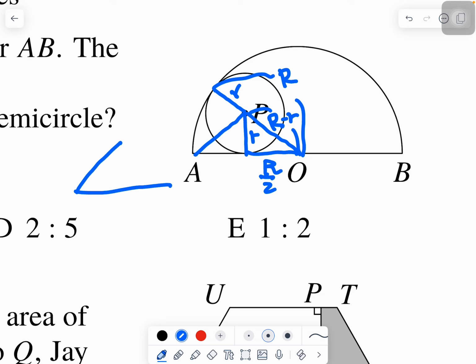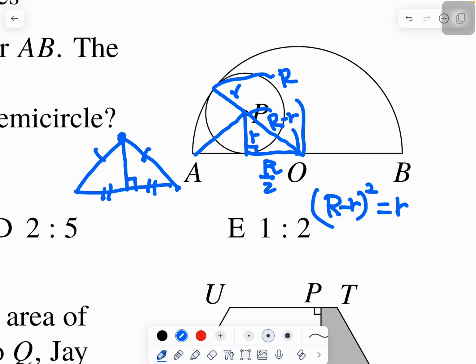And this is half of the R. When the triangle is an isosceles triangle, and this is the vertex, when we draw this perpendicular line or bisector, it always divides by 2. So this is R over 2. So here R minus r squared, again Pythagoras. Actually there are a lot of questions using Pythagoras, R over 2 squared.